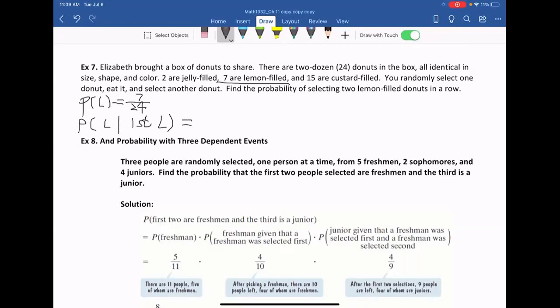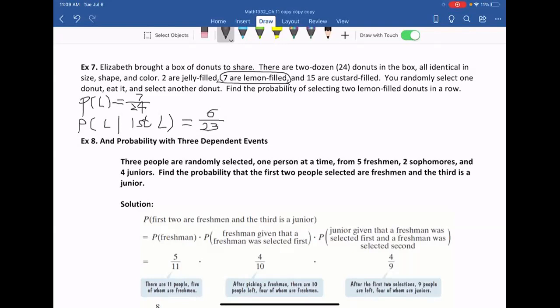We got how many lemon-filled left? We have 6. So the number of lemon-filled left is 6 over the new sample space, 23. So this is the probability that the second one chosen is a lemon-filled donut.